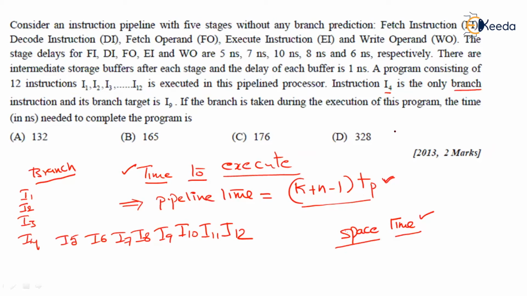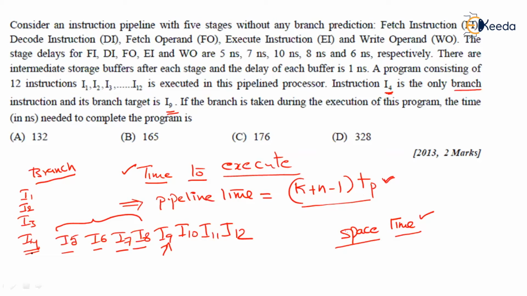Here it is given that I4 is the branch instruction, the branch is taken, and the branch target is I9. That means that when the I4 instruction gets executed, the branch will direct the control to I9 directly. That means that I5, I6, I7, I8 will not be executed.